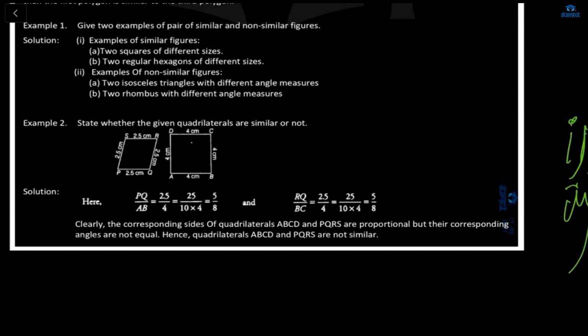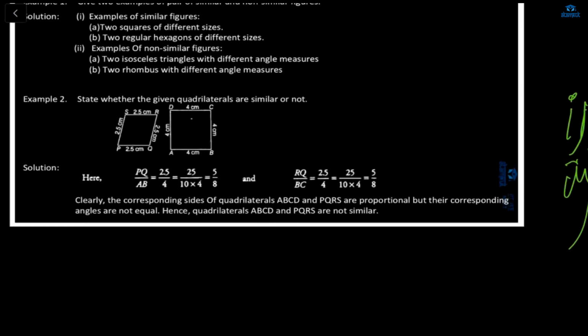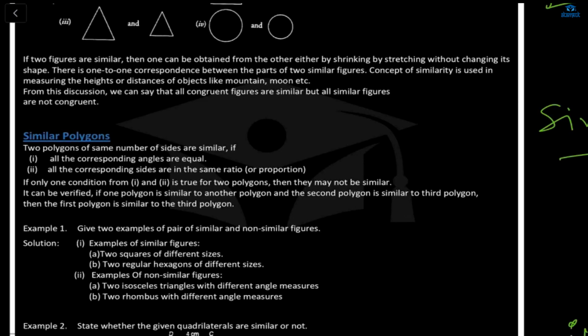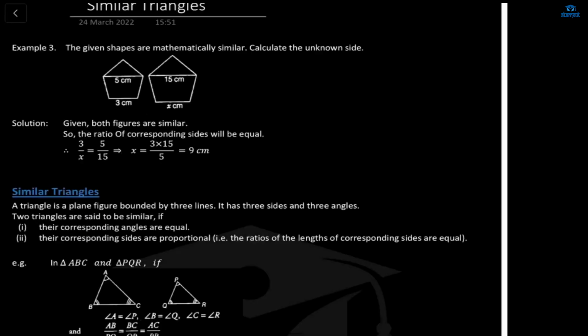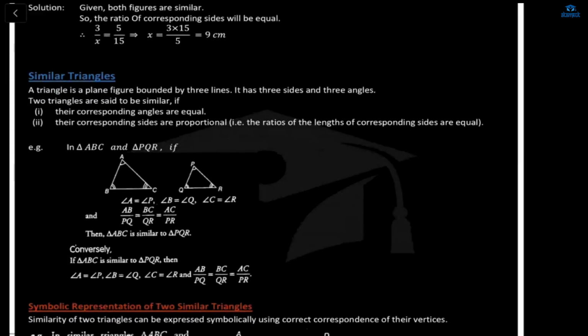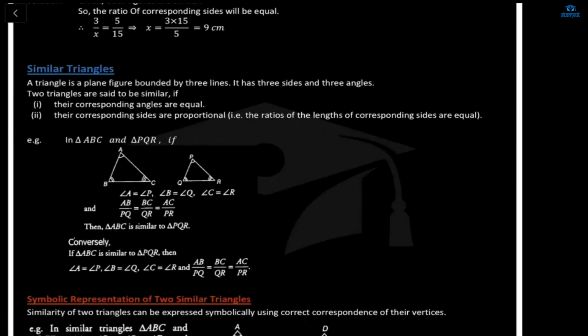But let's see the ratio. PQ by AB is 2.5 by 4. The ratios are the same, but the angles are not the same. That means this is not a similar figure, both the figures are different. So in this way you can check whether 2 figures are similar or not by checking their angles and the ratio of their sides.